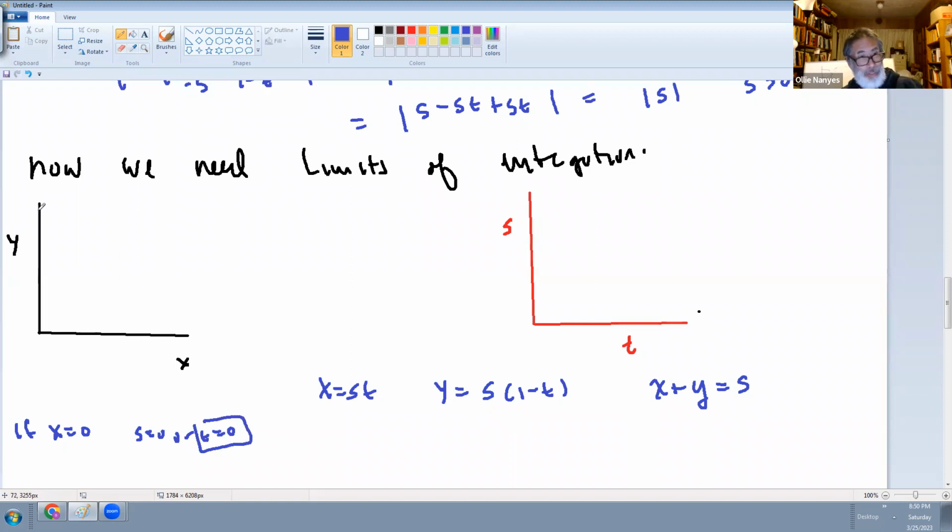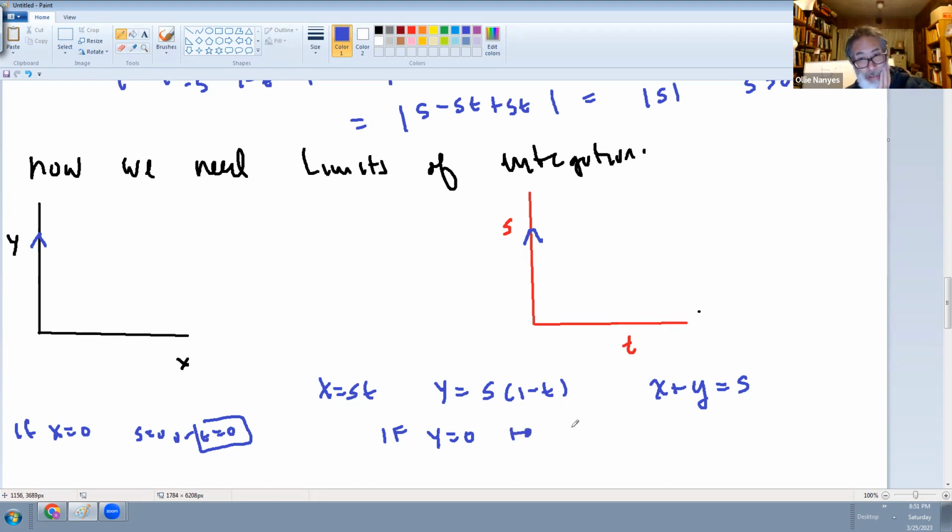So the X equals 0 line right here gets mapped to the T equals 0 line right here. So we can really think that this axis here gets mapped like so. That's convenient. Now, if Y is 0, well, we know that if S is 0, then X must be 0 always, and that's not going to be the case.